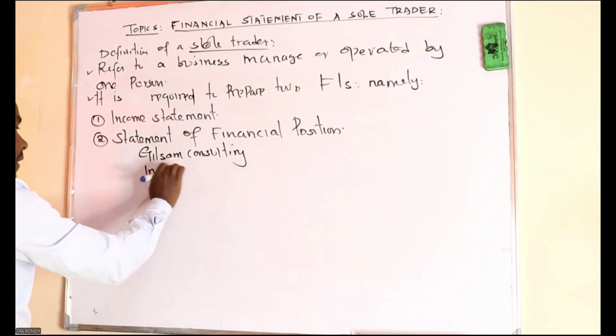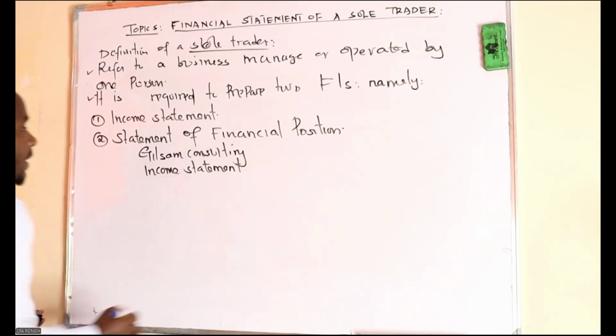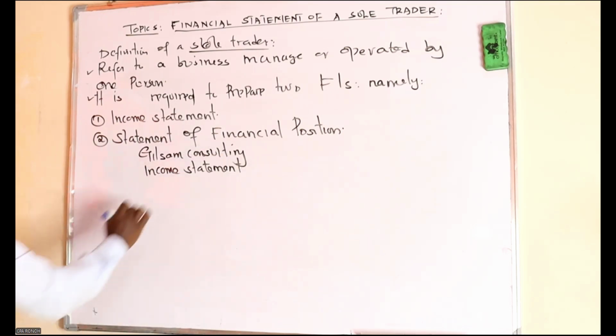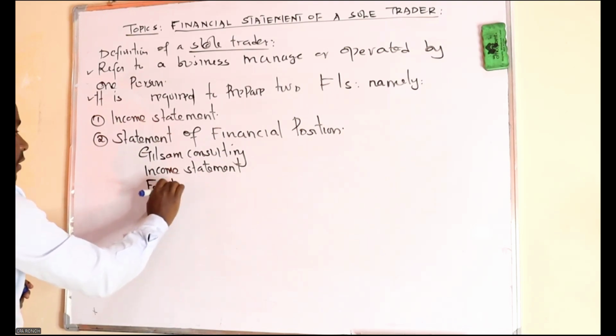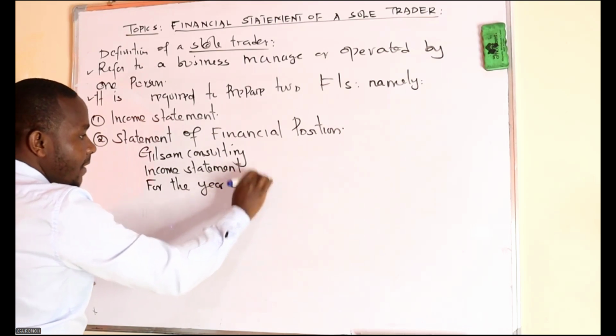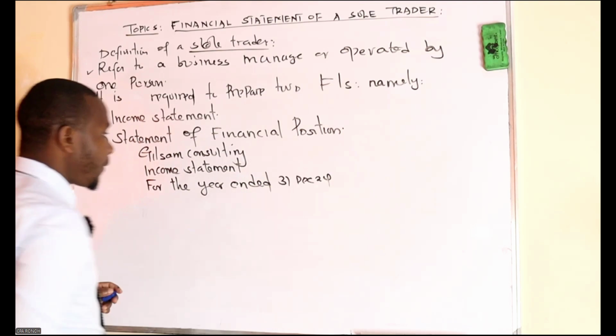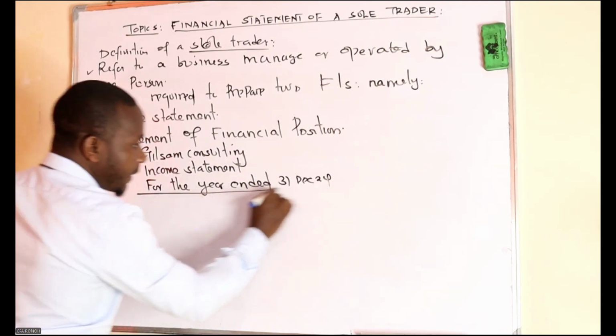Income statement. Now for the income statement, we say for the year ended, maybe 31st December 2024.